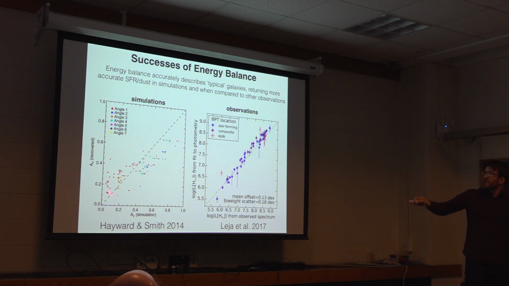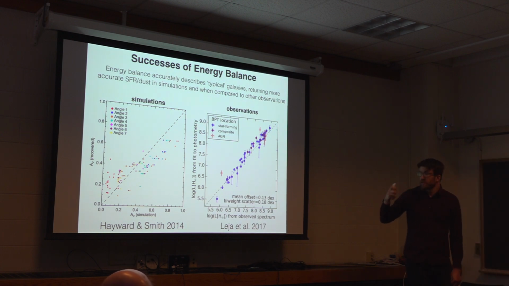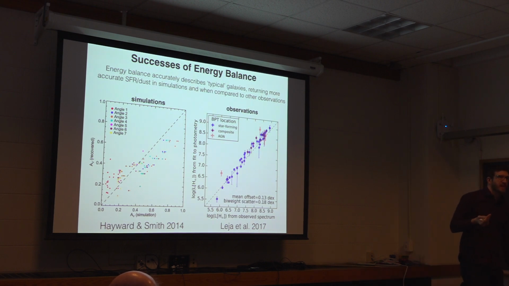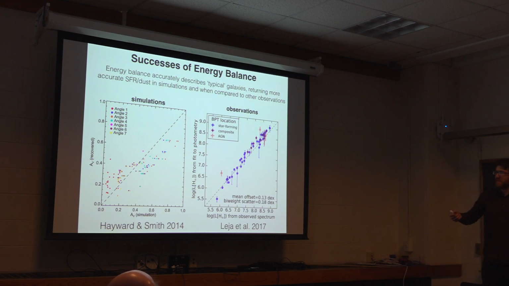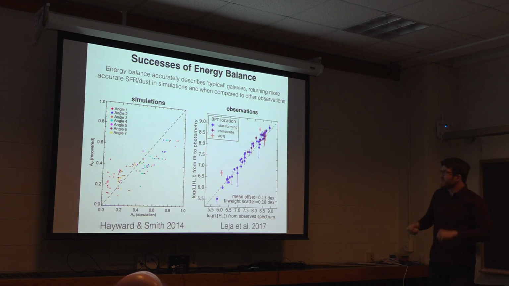Then he's comparing the true attenuation due to dust compared to the recovered attenuation due to dust. This is a pretty good proxy for how well the code is working in general, because this is one of the big outputs that we need to get in order to get the physics right. He shows it works pretty well, in the sense that as you increase the dust in the simulation, you increase the dust that's recovered. There's obviously a tilt at higher values of dust, and we'll get back to that later.